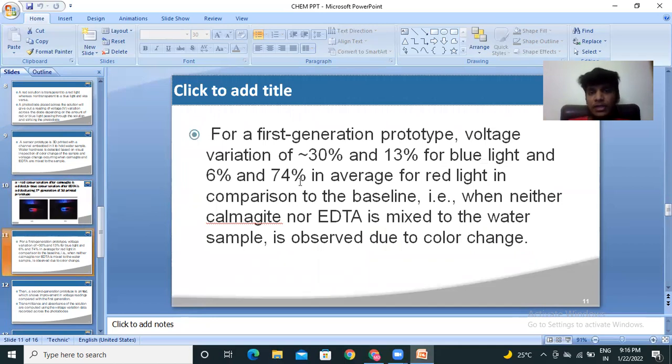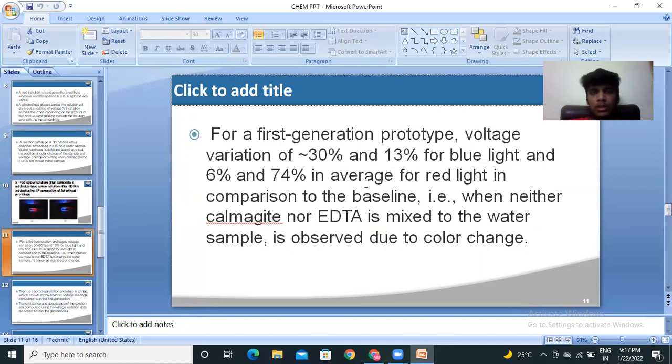For the first generation prototype, the voltage variation is 30% and 13% for blue light, and 6% and 74% on average for red light.